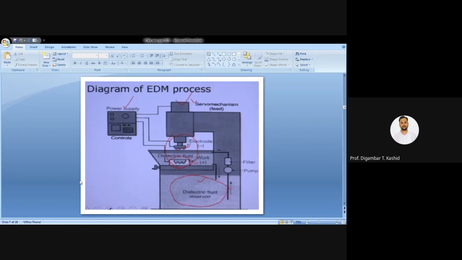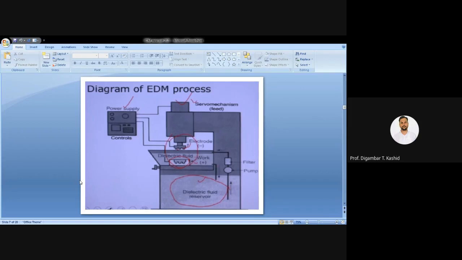If the interelectrode gap increases, then after some time you will see that no machining is going on, so there is no material removal, because a certain gap is required, as we know. When this gap is more than your critical interelectrode gap, there will not be any machining.